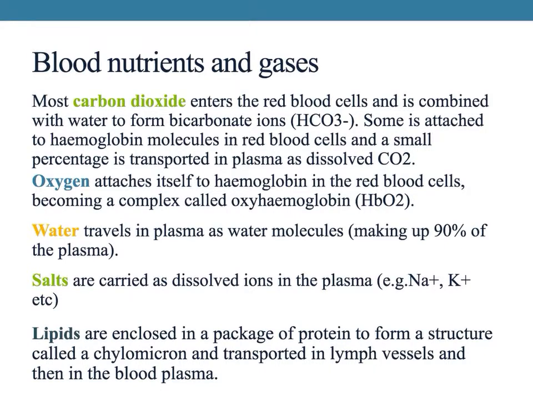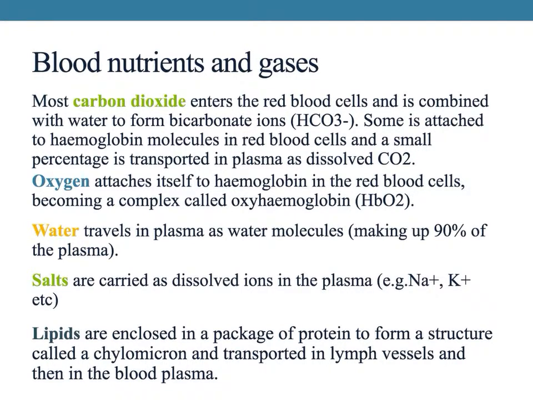So we'll talk about carbon dioxide first. It enters the red blood cells and is combined with water to form bicarbonate ions. Remember, we had a look at bicarbonate ions in our pH experiment. Some is attached to hemoglobin molecules in red blood cells, and a small percentage is transported in plasma as dissolved CO2.